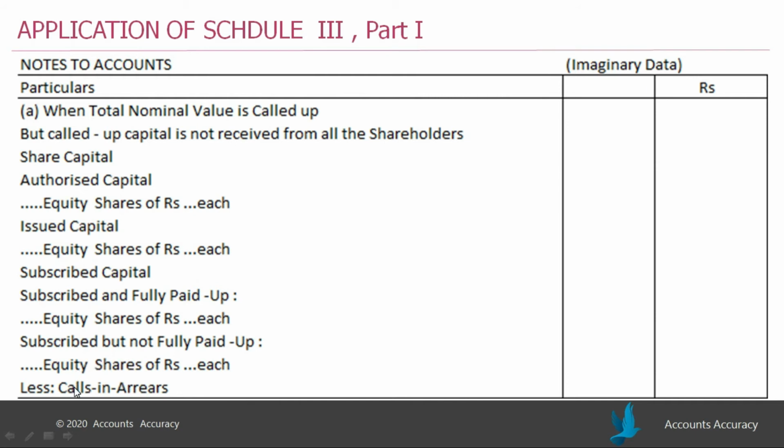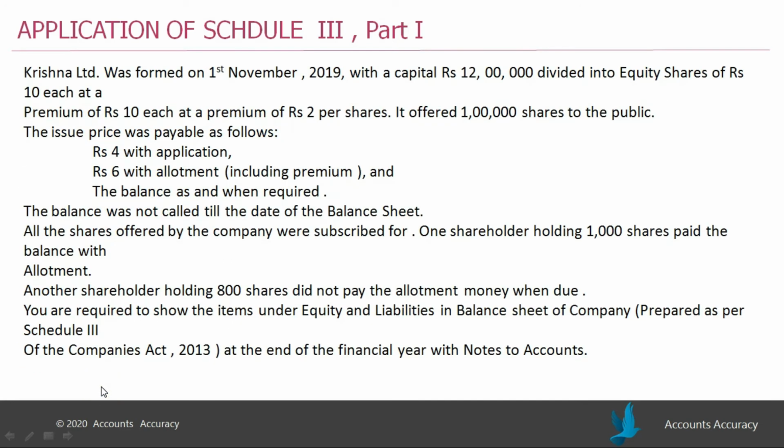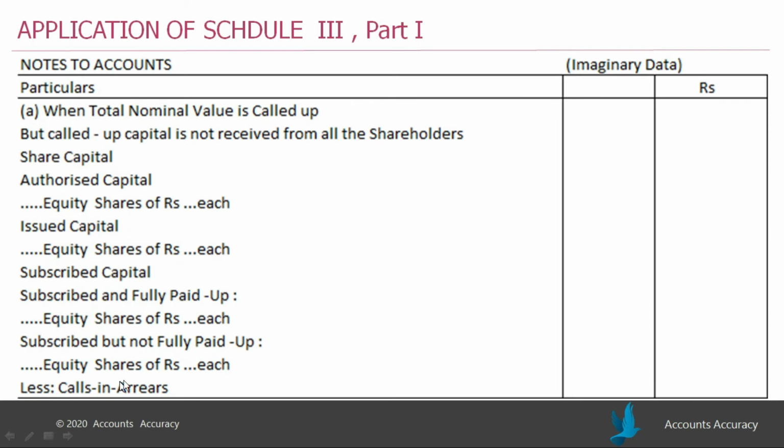There may be a situation where the company has not called the total nominal value of the shares. Also, it has not received the entire amount called on the shares. The amount not received is termed as calls in arrear.